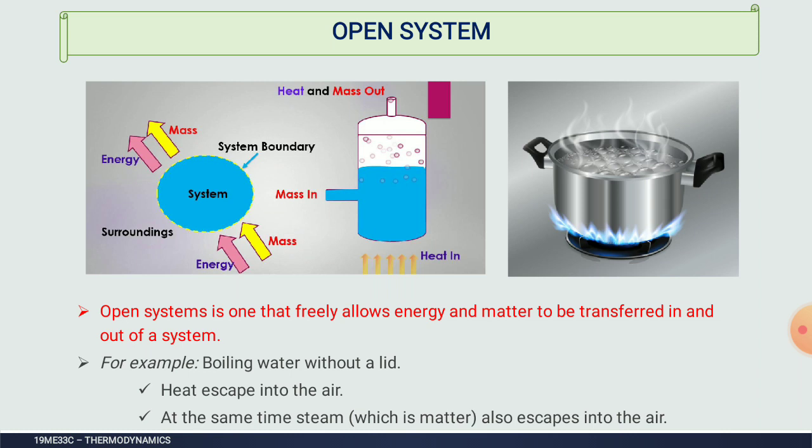The inlet air is very cold and the exhaust air is very hot, therefore energy interaction is also there. So if you consider the lungs as a system, then the lungs are an open system. Here energy interaction and mass interaction are both there.